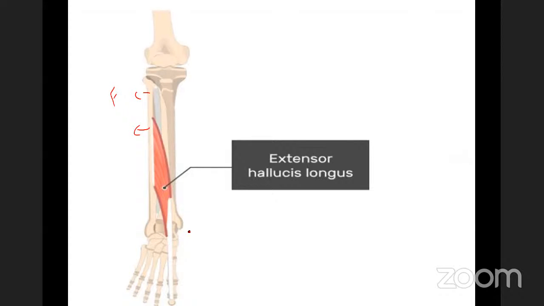After arising, it forms a tendon, and this tendon, as you can see, is attaching to the base of the terminal phalanx. The function of this muscle is that it brings about dorsiflexion of the first toe. So that is about the extensor hallucis longus.